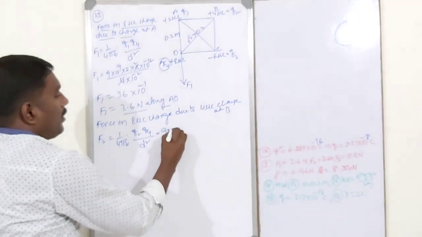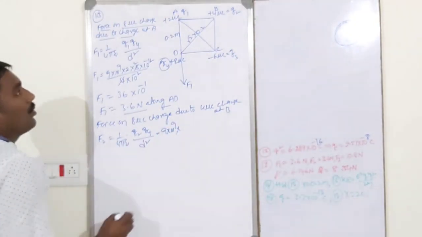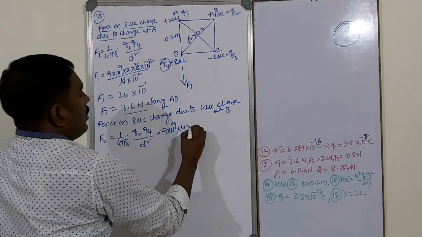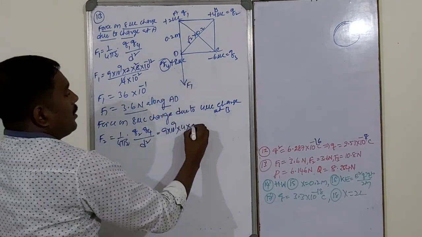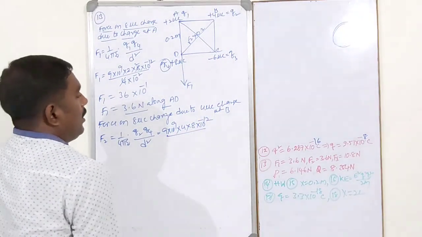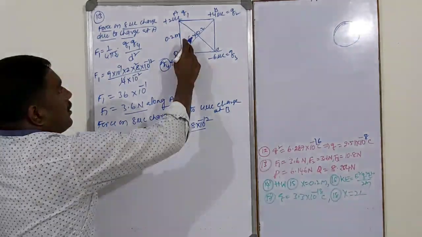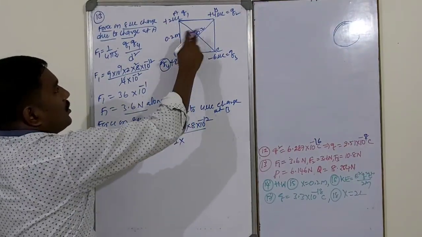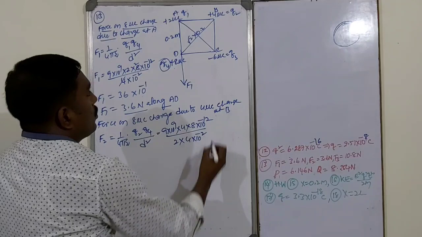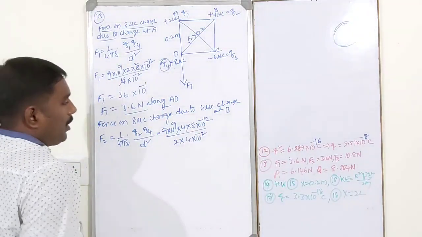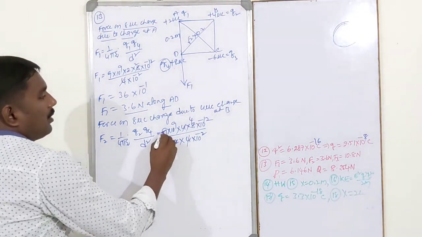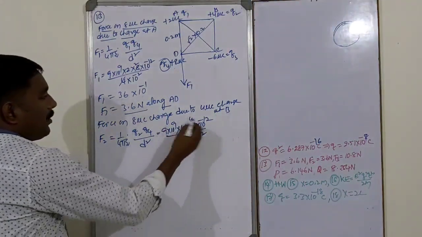That is 9 into 10 power 9, Q2 is 4 micro, Q4 is 8, 10 power minus 12, divided by root 2 times 0.2 whole squared, which is 2 into 4 into 10 power minus 2. 4 cancels, 9 into 4 is 36.